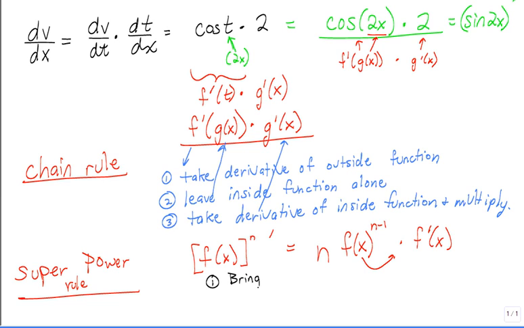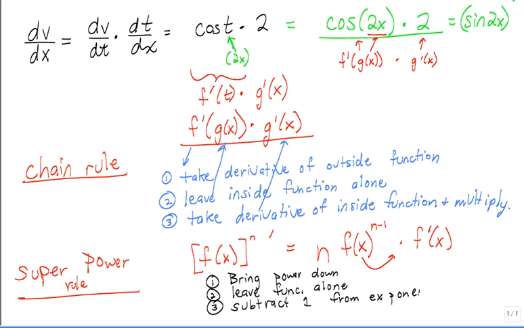Bring the power down in front, leave the function alone, the f we leave alone, we subtract 1 from the exponent, and then we take the derivative of the function and multiply it.